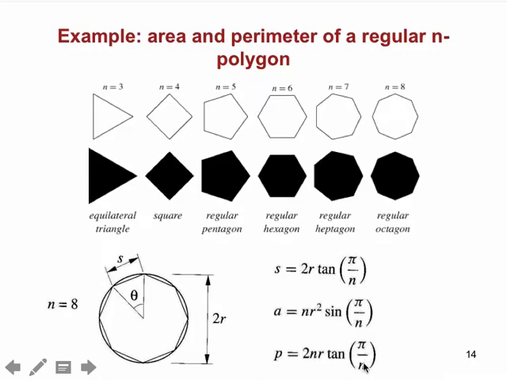So how about you create a function that takes n and r and computes S, A, and P. You can do it either way. You could also make anything else input, but let's make it simple.